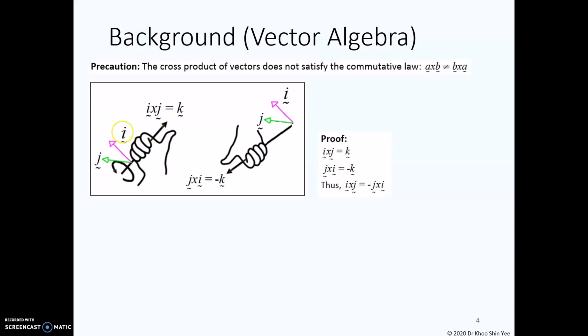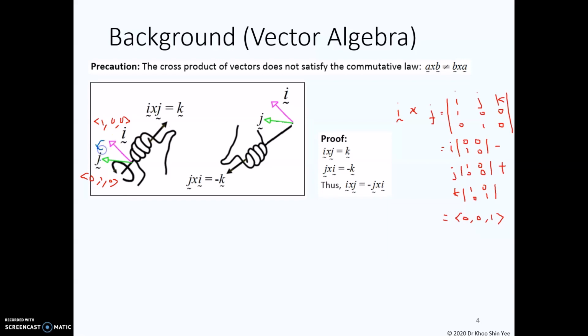Besides that, you know the I direction is 1, 0, 0 and your J direction is 0, 1, 0. When you take I cross J, you can perform this operation. Take the determinant for ijk. This is your I 1 0 0, this is your J 0 1 0. So I remains here, J here you have negative J, and K remains here.